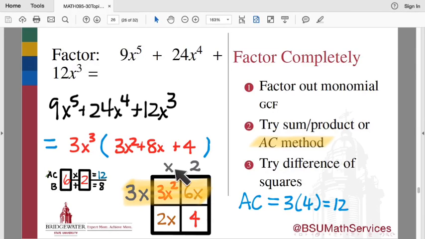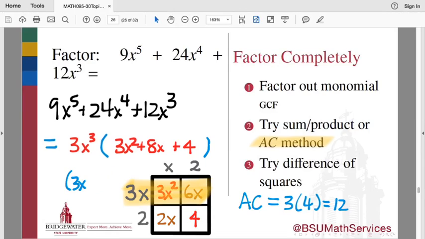And then it's what's the missing factor between x and 2x? That's 2. And we can check that 2 times 2 gives me 4 in the last box, which means we did it. We've found out how to factor that polynomial in the blue. It factors as 3x plus 2 times x plus 2.